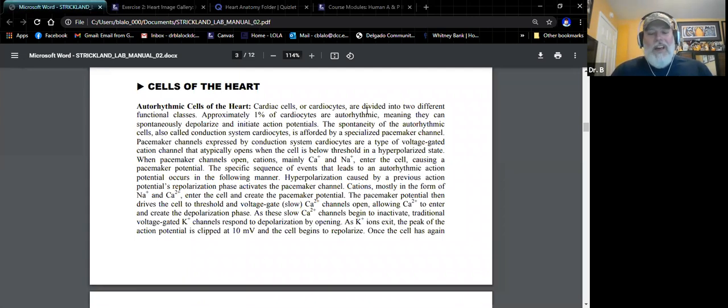Those ions are going to be calcium and sodium and potassium. Now, calcium is going to play a different role than what we saw in skeletal muscle tissue. Calcium is going to play a role in initiating these depolarizations and these action potentials.